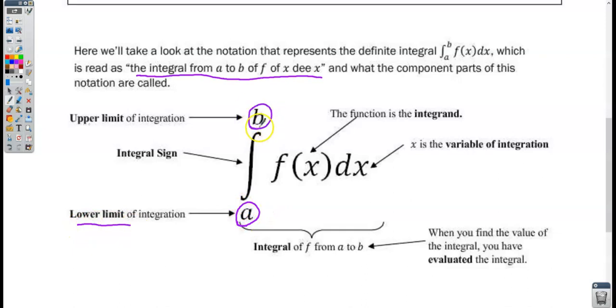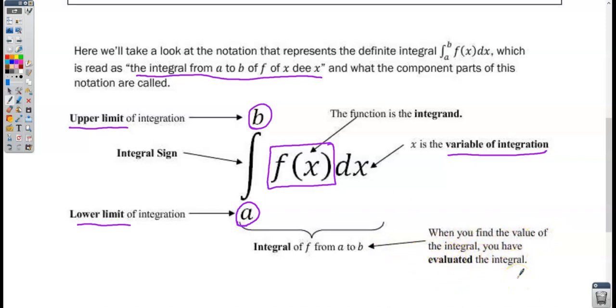The number at the top is the upper limit of integration. The function inside the integral is what's known as the integrand. The dx tells us that x is the variable of integration. And this whole thing is described as the integral of f from a to b. When we find the value of this, we say that we have evaluated the integral.